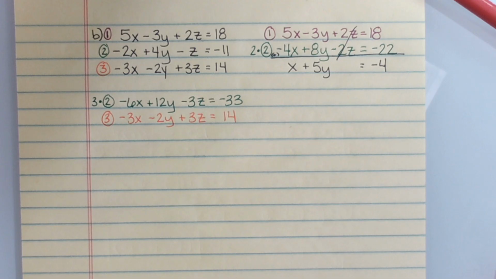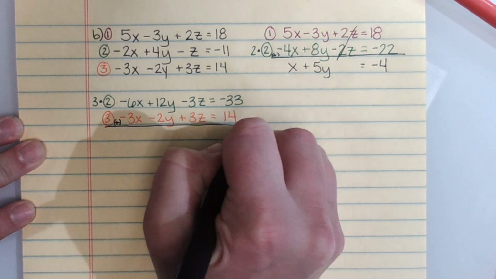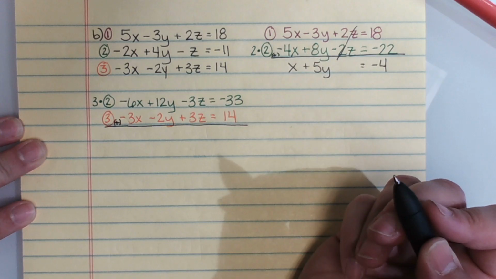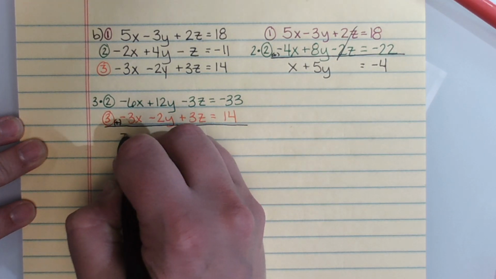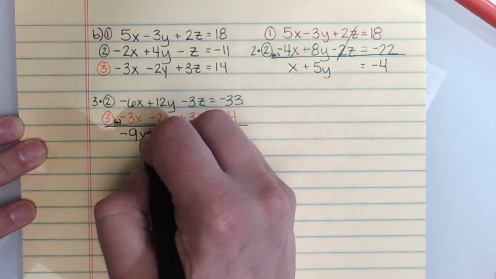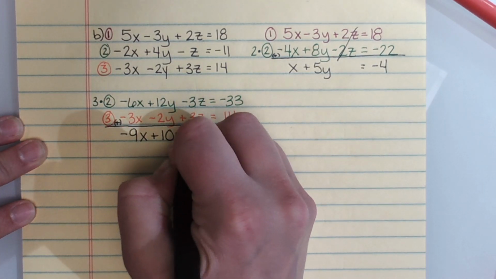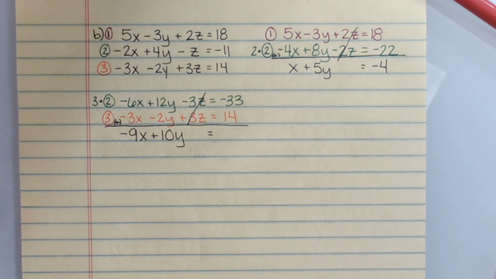Get that z to eliminate. You multiplied so that it would. Now do it. Negative 6 plus negative 3. Negative 9x. Be careful with your positives and negatives. 12 plus negative 2 is positive 10. Z's cancel out. Negative 33 plus 14, negative 19.